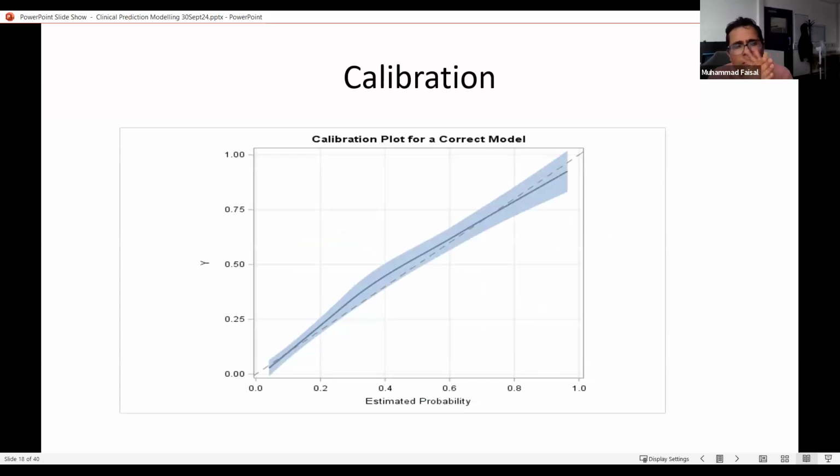That is basically how well the prediction is aligned with your observed data. That is the prediction of your outcome from your model, and it is one of the things we need to estimate to see if the model is really good. Sometimes there is good discrimination, but the calibration might be really bad as you go to the high-risk group of patients.